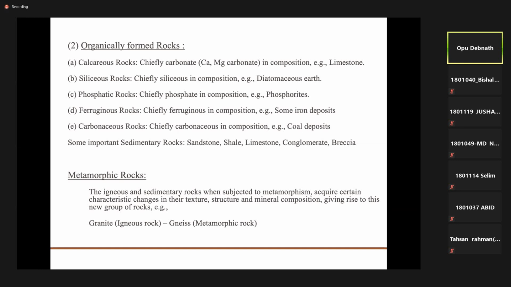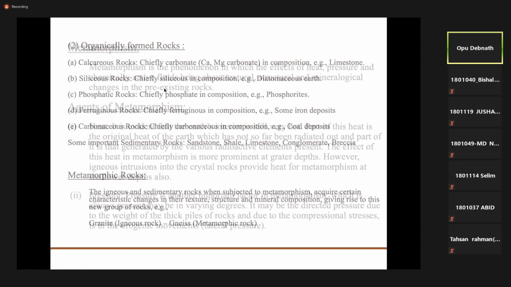This is a new group of rock. One example is granite, an igneous rock. When it goes through metamorphism, the resulting metamorphic rock is named gneiss. So this is an example.